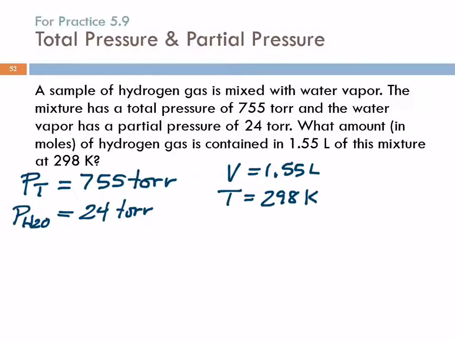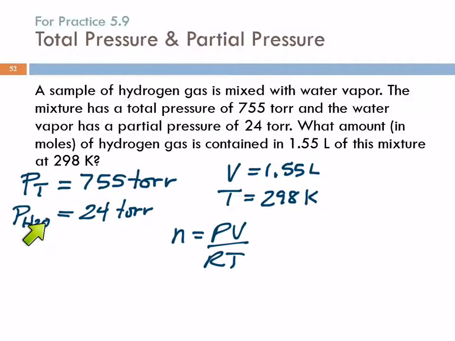Well, what's an equation that we've used to calculate moles of a gas? Yeah, we can rearrange the ideal gas law, PV equals nRT, and n equals PV over RT. We have the volume, we have the temperature, we know what R is. What's P? We have to subtract. So this is using Dalton's law of partial pressures.